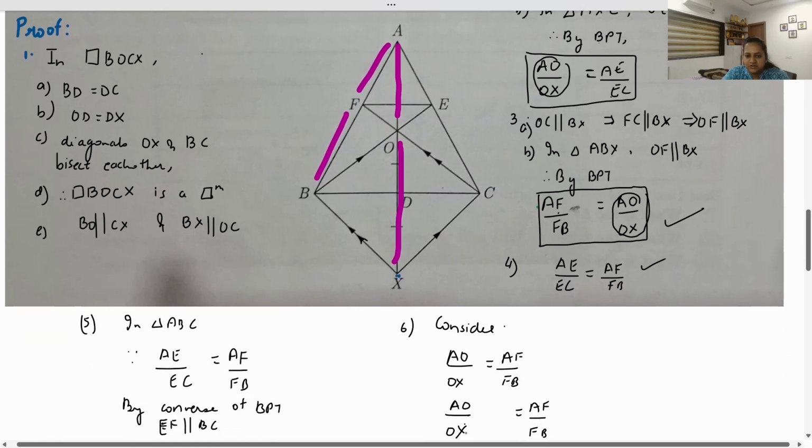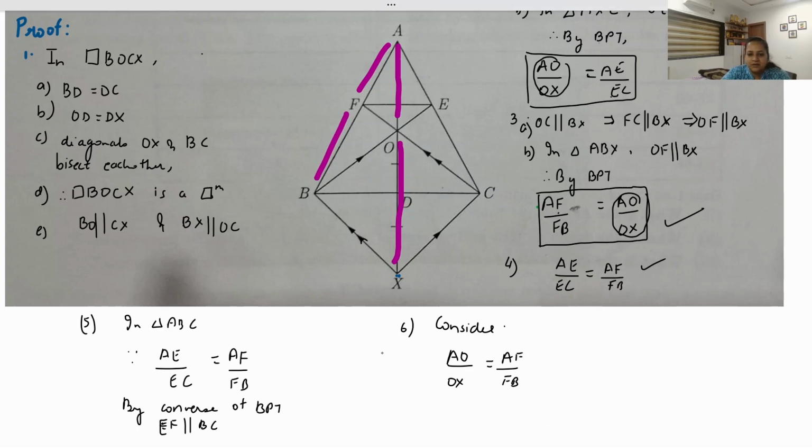So I'll invert it first. If we invert this, what are we going to get? Quickly tell me. We are going to get OX upon AO is equals to FB upon AF. We have just inverted it, right?